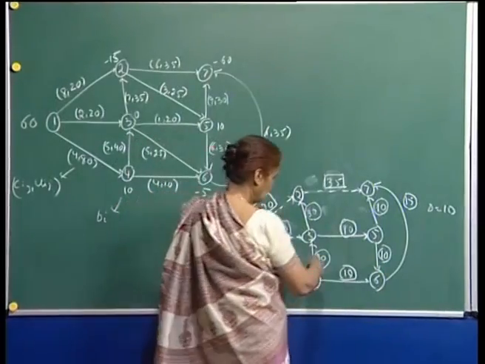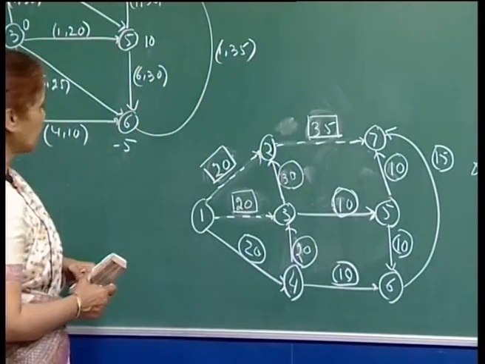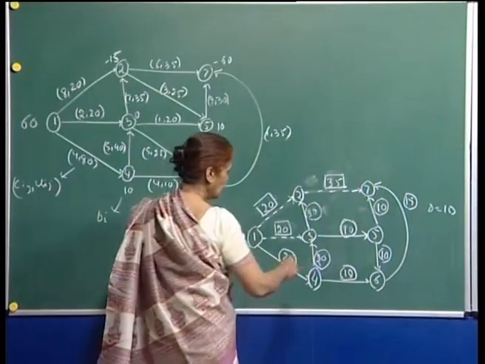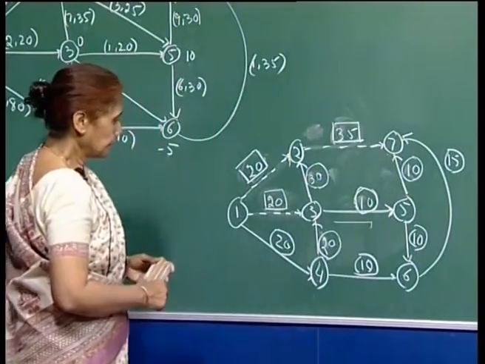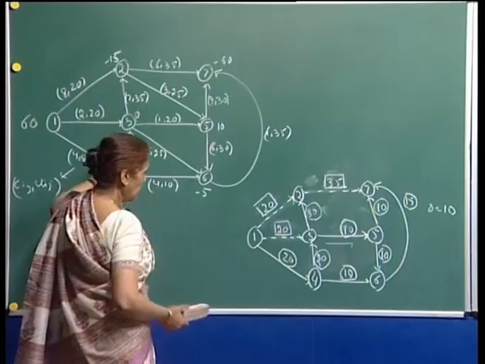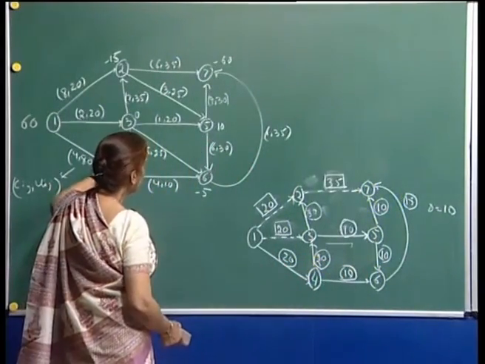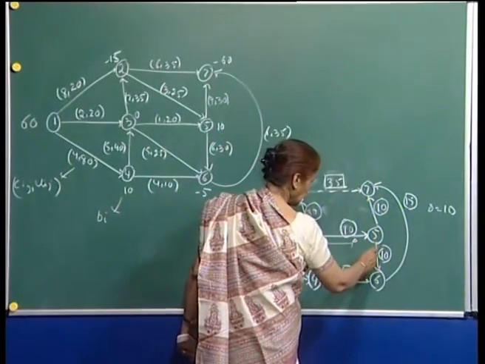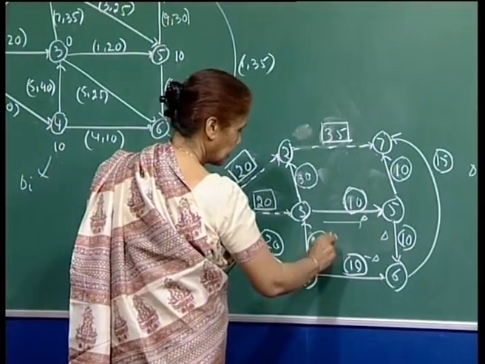Now you look at this cycle here. So this cycle, see what is happening is, yes, I can try to increase the flow here. The upper bound here is 40, that's no problem. Then I can reduce the flow here by 10, and what about 5 6? 5 6 also. So if I increase the flow along this, then it will go plus delta, minus delta, and plus delta, right.